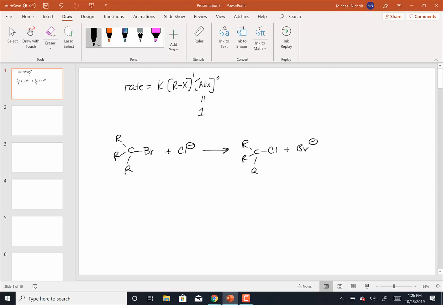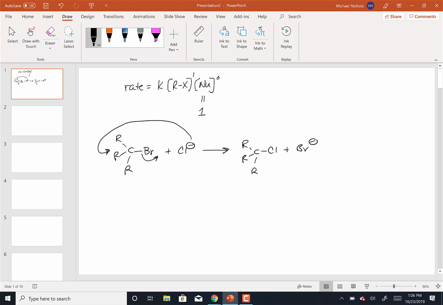Can't the chloride come and attack from the backside and kick the bromine off? Stop there, don't question yourself. With the tertiary halide, there's a lot of steric hindrance.